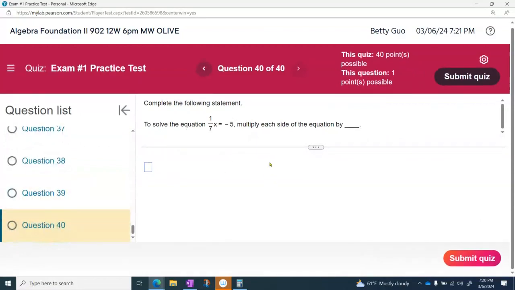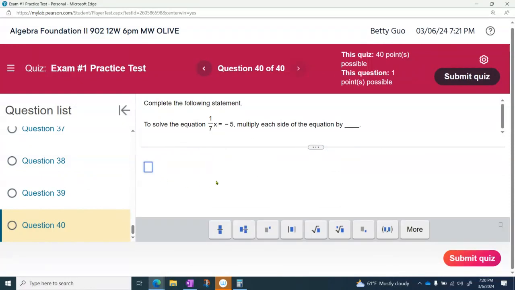Okay, so complete the following statement. To solve the equation 1 over 7x equals negative 5, multiply each side of the equation by what? Can you give me your answer?